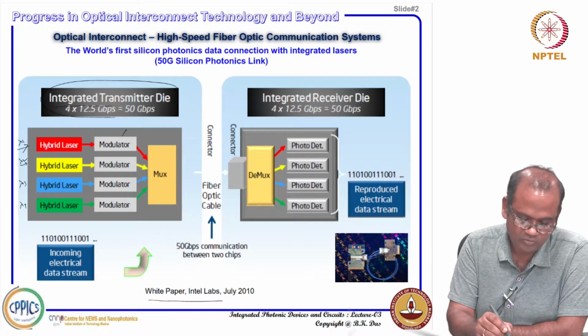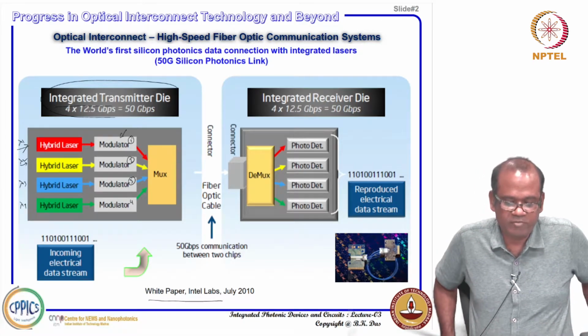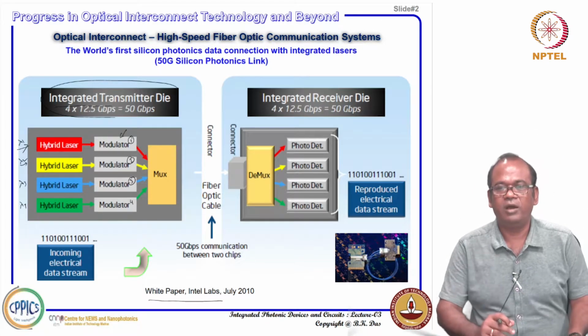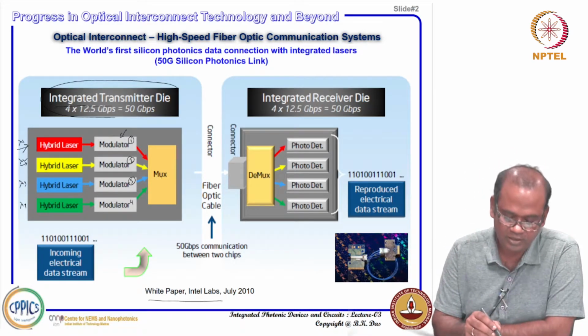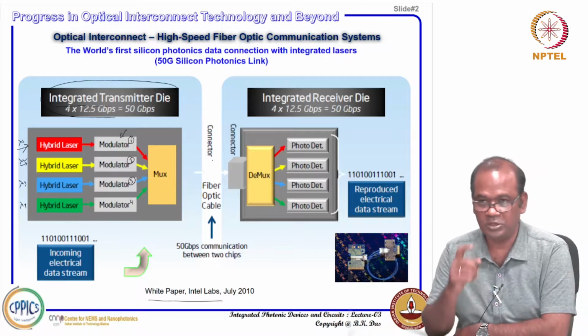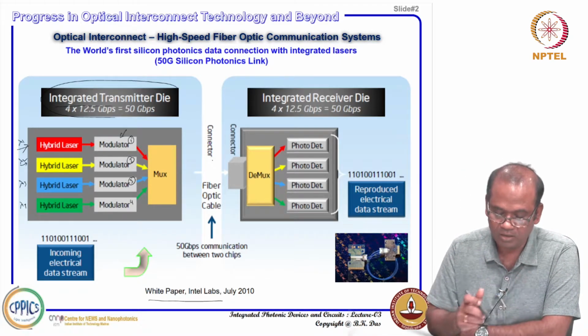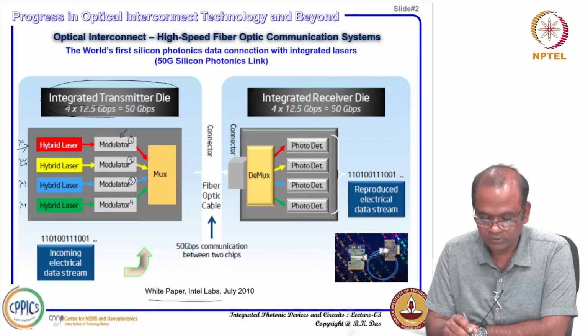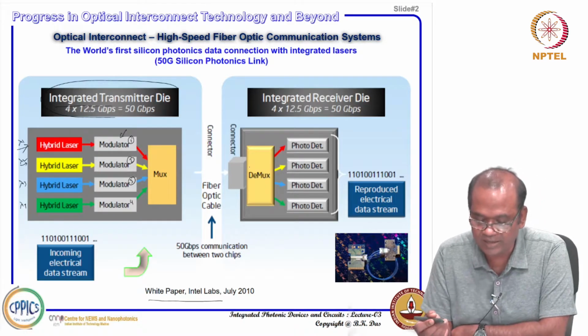Then your data comes to modulator 1, modulator 2, modulator 3, modulator 4. So, a parallel data stream can come to 4 different modulators, where you have 4 different lambdas coming in, and you are modulating and muxing them, and you can use a high bandwidth fiber optic cable to take the output.